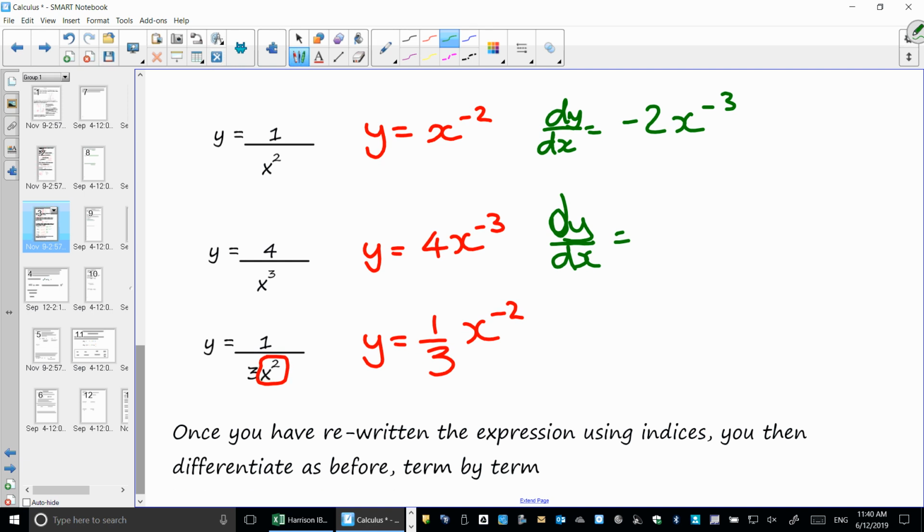This is going to have to be minus 12x to the negative 4. And what about this one? Well, we're going to do 1/3 multiplied by negative 2. So it's going to be negative 2/3 x to the negative 3. Just shift the weight.